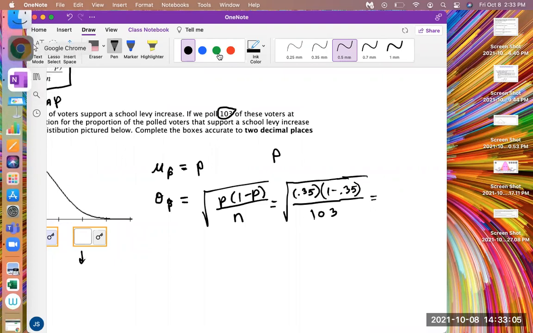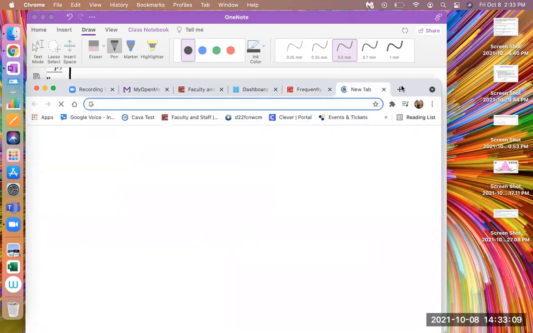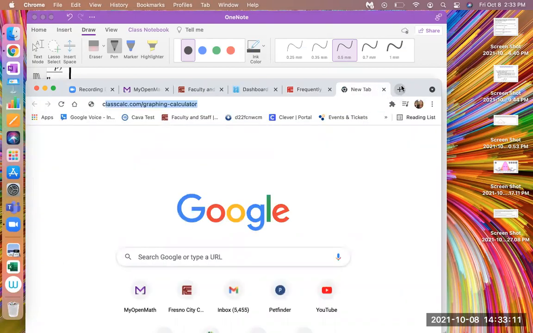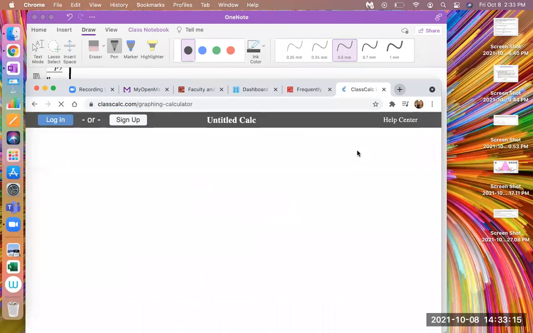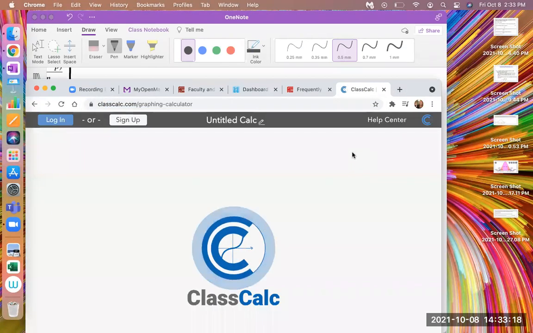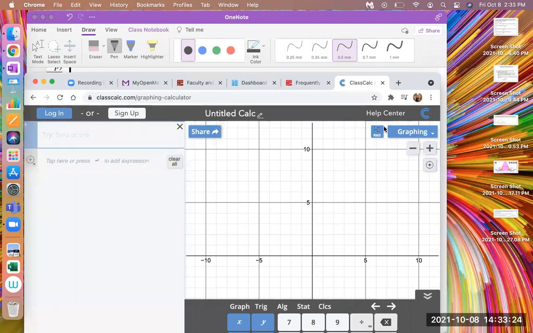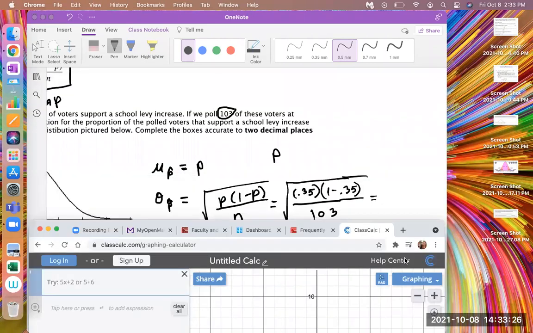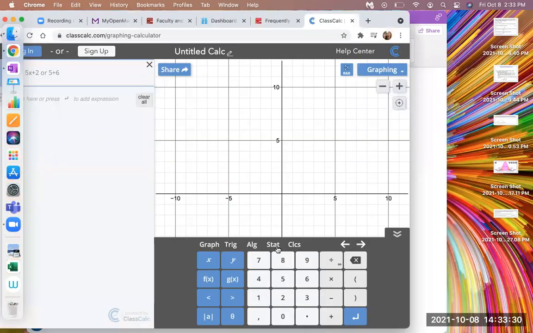I've been using ClassCalc a lot. So let's get ClassCalc up, CLA. Once you type it into your Google once, mine just remembers it, so I just start typing CLA and then it just comes up for me. I just want it to do the square root.